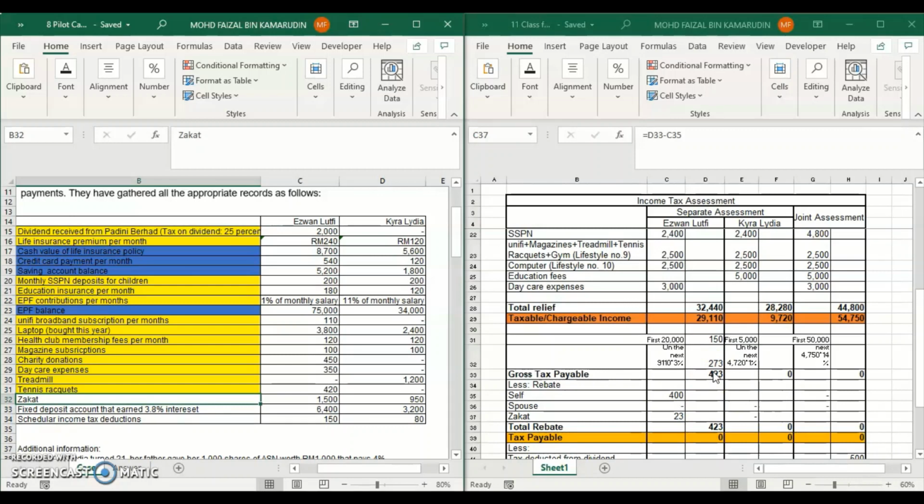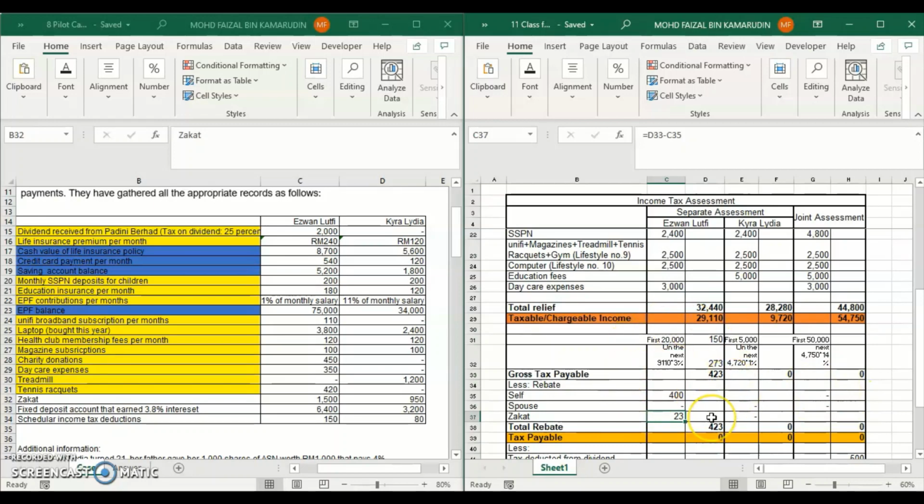But it is less in this case. So obviously you cannot claim 2450 here. You can claim only the remaining, which is 23. No worries, take that first, then later when we go to the joint assessment, I will try to revisit, and hopefully by then you will understand what I'm saying.